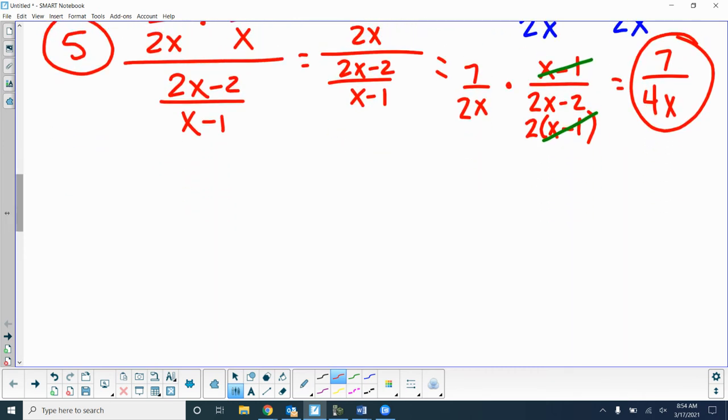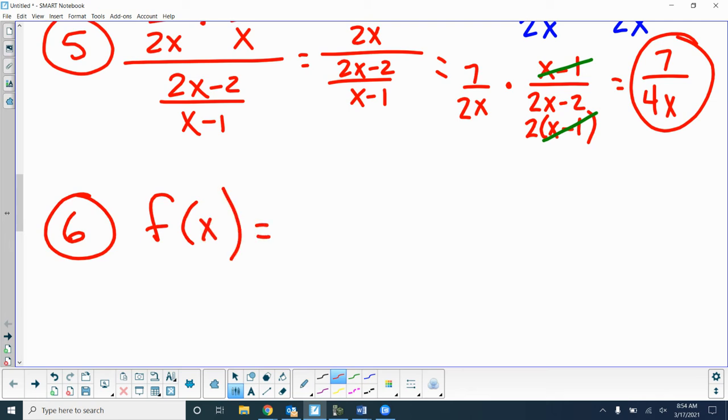All right. 6, 7, and 8 are from section 8.4, finding our asymptotes. So 6 is written in the form that you could just look at it and find the vertical and horizontal asymptotes.